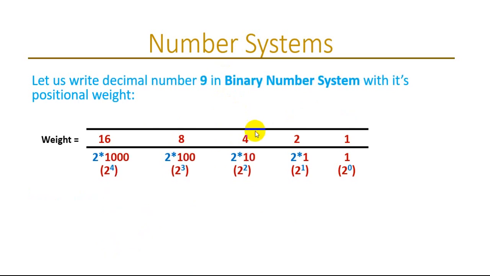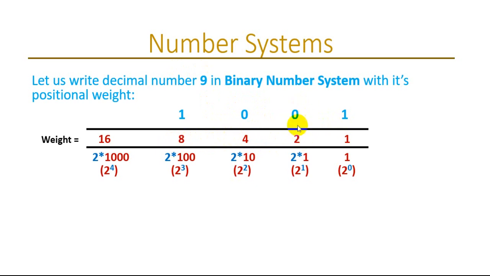So let's look at another example. I want to represent decimal 9 in the binary number system. How would I do it? I will again start with 1 of 8, because I can't put 16, as we are trying to represent only 9. Can we put a 4? No, because the moment you put 1 of 4, it will be 8 plus 4, which is 12, but we are trying to represent only 9. So we don't need a 4, so 0 there. We don't need a 2 either, because 8 plus 2 will be 10.